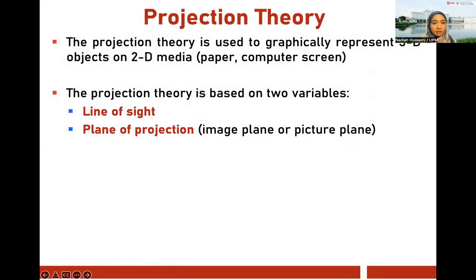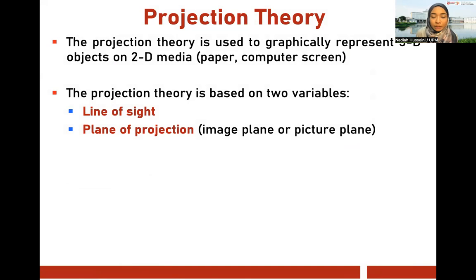Okay, so the projection theory is used to graphically represent 3D objects on 2D media, because we typically print our drawings on paper. So we have to represent our 3D model in the form of 2D media. Atas kertas kan, 2D lah.